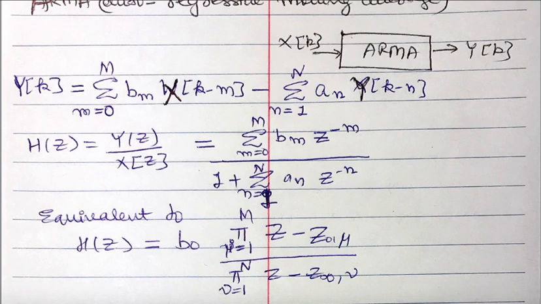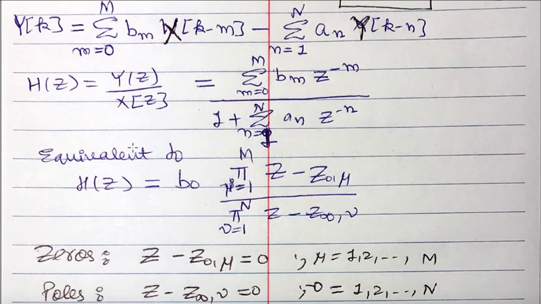And in terms of transfer functions, H(z), we know the transfer function of this ARMA system can be written as the z-transform of the output divided by the z-transform of the input.